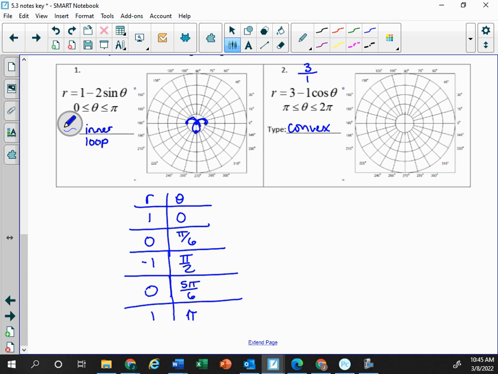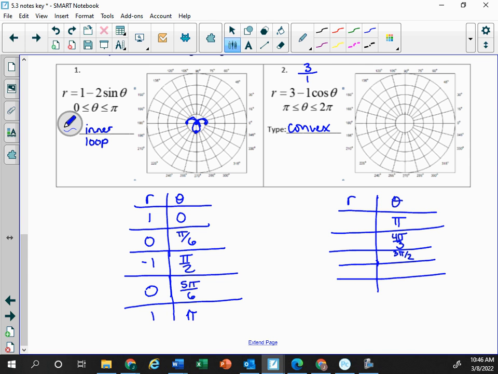It's a cosine, so it should be symmetric along the x-axis. I want you guys to try to graph this one. I'll help you out with your chart. You're going to want to do pi, 4 pi over 3, 3 pi over 2, 5 pi over 3, and 2 pi. I'll give you some time here. Try to graph it, talk to each other.